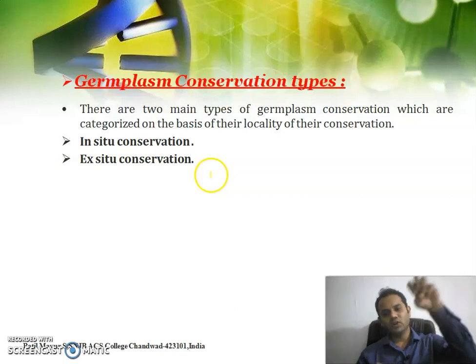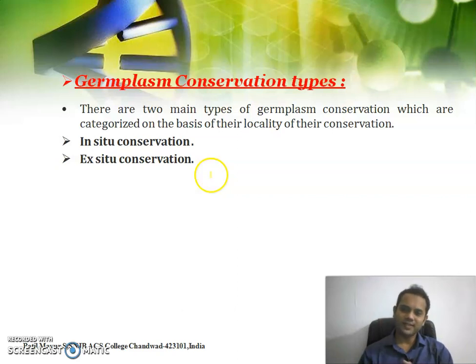So in this lecture we have seen what germplasm is, why there is a need to conserve it, and we listed the different types of conservation methods, in situ and ex situ conservation.